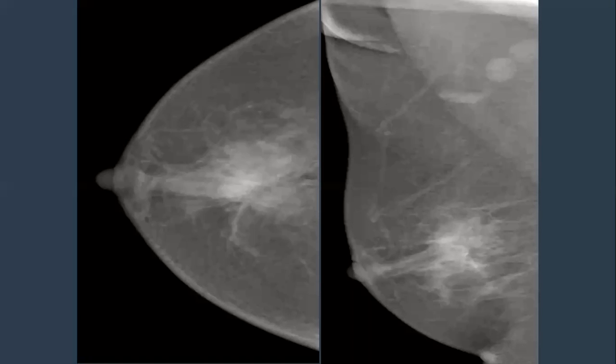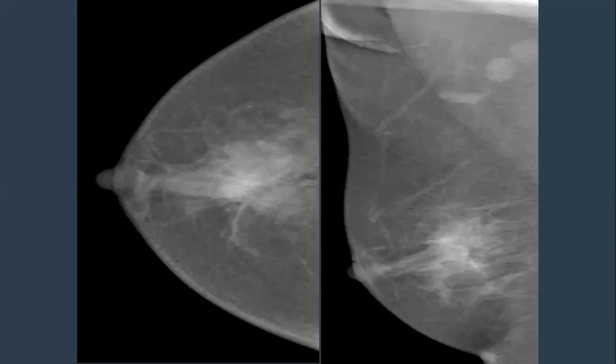Is it retroareolar or where? It's deeper, it's central. It is mid-central, in the middle depth. Okay.